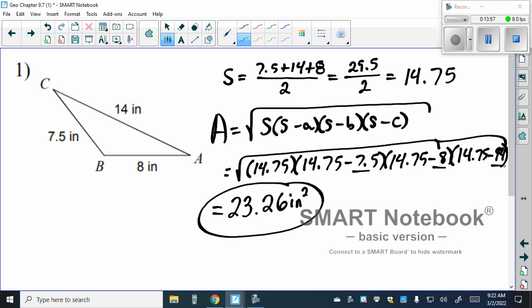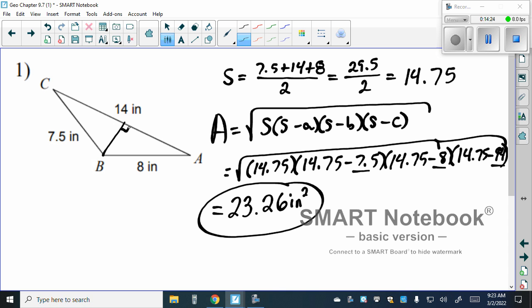I just ran out of room. And this is actually helpful because if you're trying to find the area inside of any triangle, as long as you know the three side lengths, you can find it. Otherwise we would have to find the altitude, the line that goes from one angle to the other side and makes a right angle, and find its height.